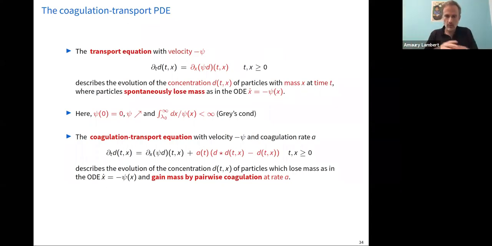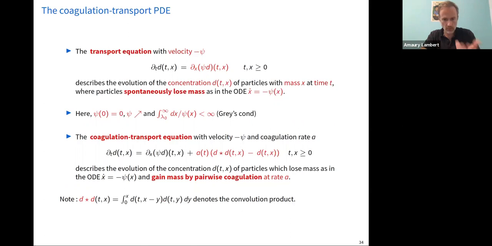Pairs of particles coalesce regardless of their masses, and the mass of the new particle is the sum of the two masses, and that's what this equation is supposed to model, right? Okay, so d star d is the convolution product.